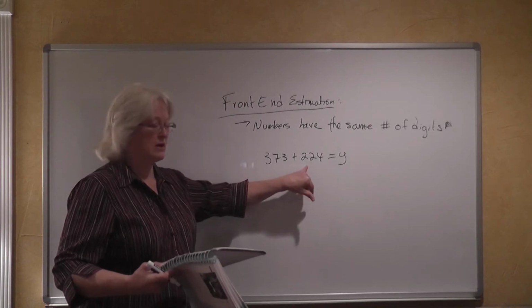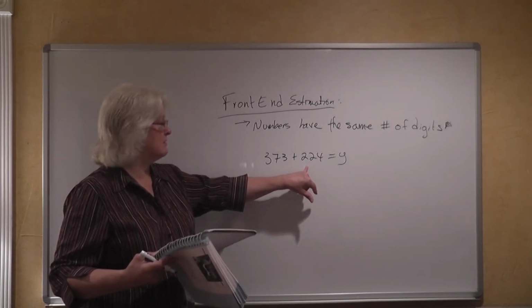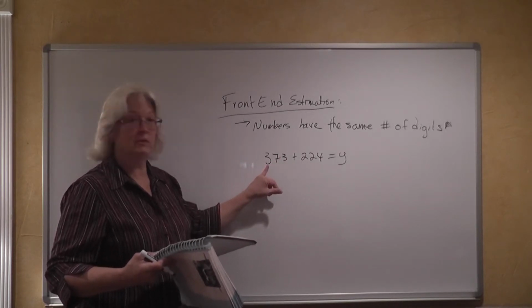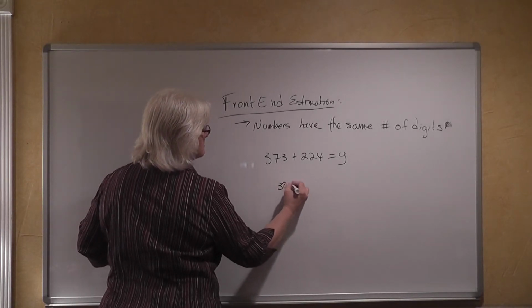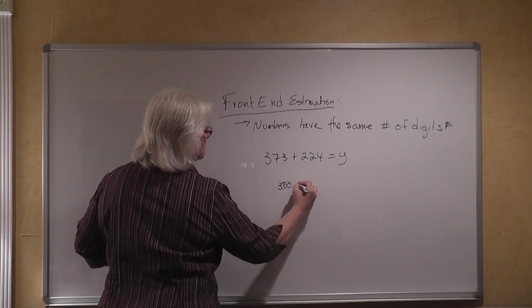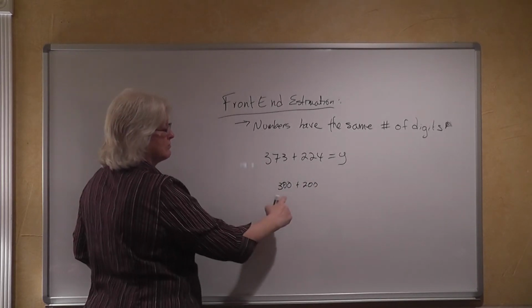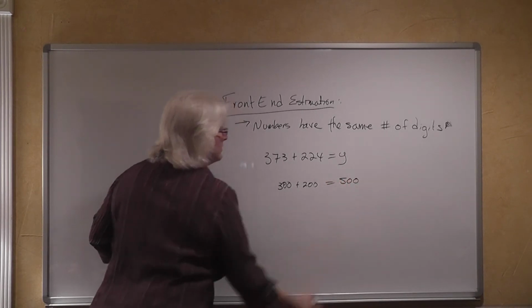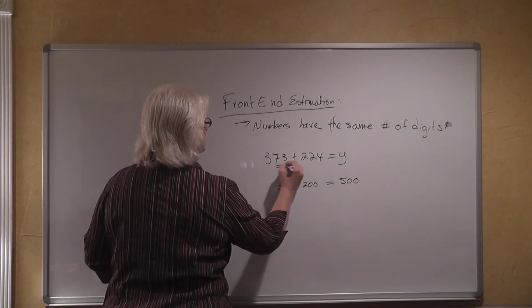If we add the first digits, that's going to be 500. We're going to just take the 3 in the hundreds place, plus the 2 in the hundreds place over here. So 300 plus 200 is 500. Now we look at the rest of the problem.